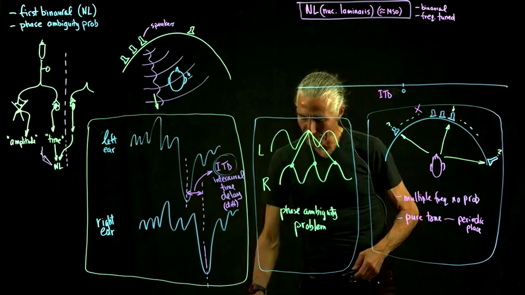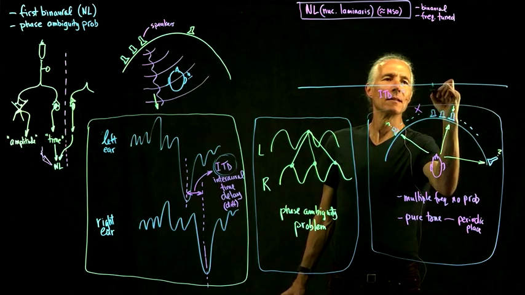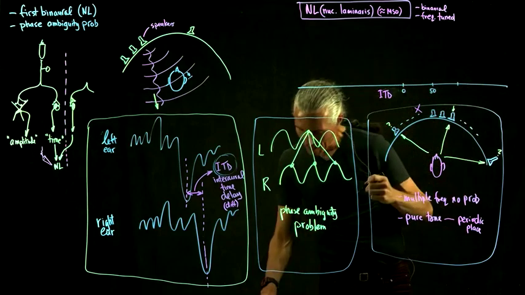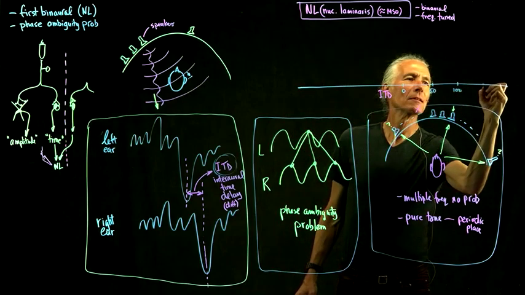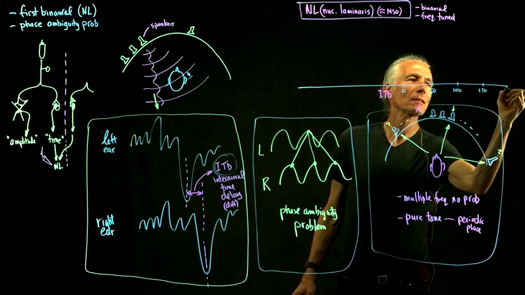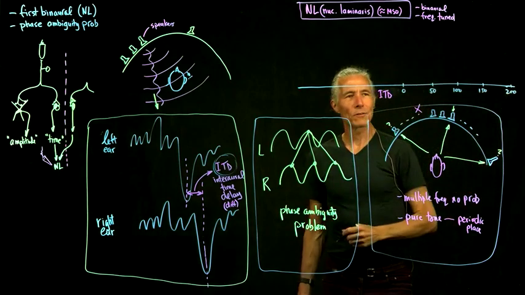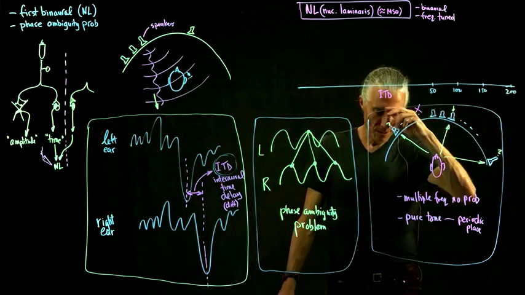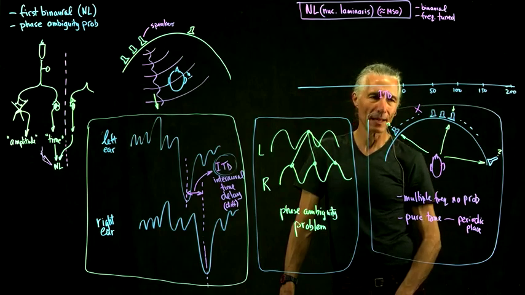Let's plot a bunch of different values. So here's 50 microseconds, 100, 150, 200. So what's 100 microseconds? 100 microseconds is a tenth of a millisecond.